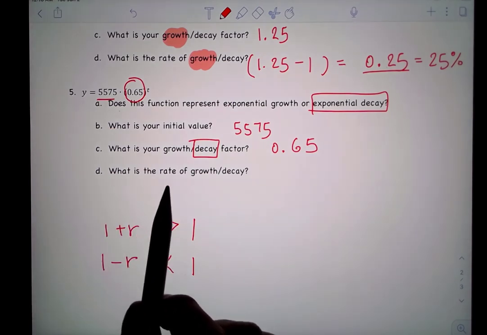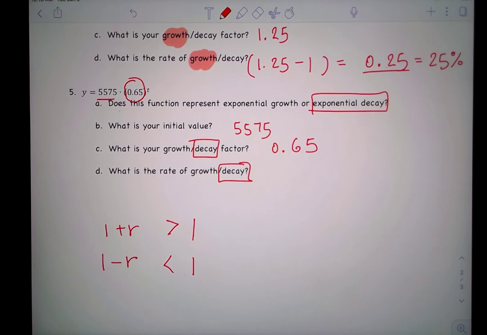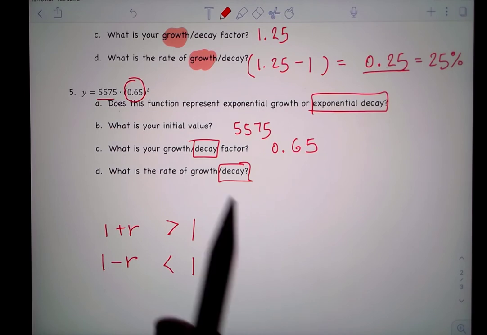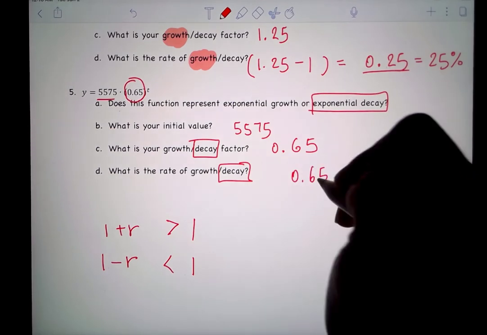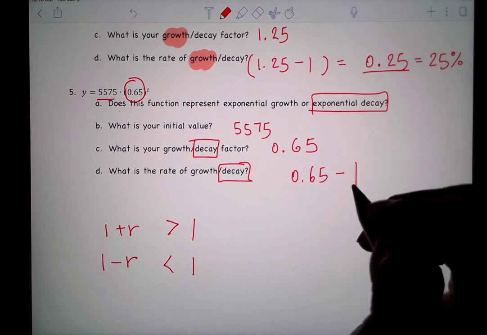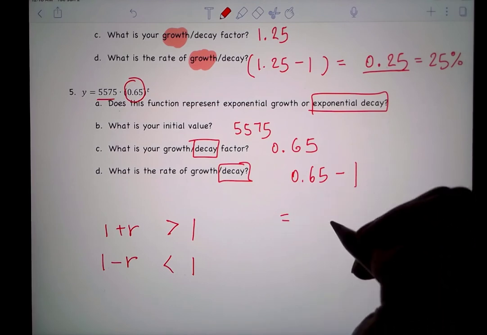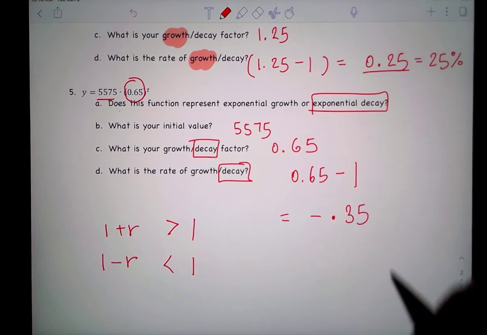And what is the rate of decay? Then what? I told you we subtract 1. Don't say 65%. From here, we need to subtract 1 to get the rate from the decay factor or growth factor. So you subtract 1, then you will get negative 0.35, right?